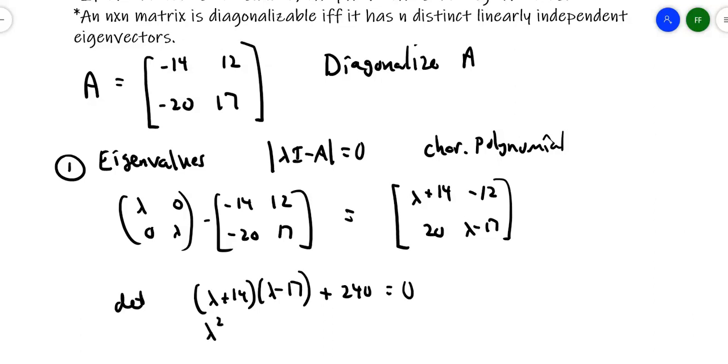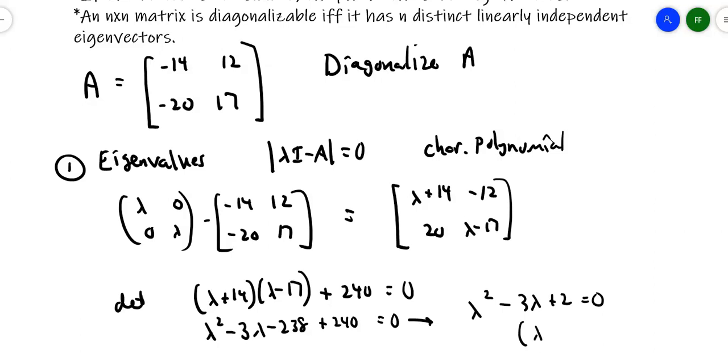So I work this out. I get lambda squared minus 3 lambda. If I multiply 14 times 17, I get negative 238 plus 240. This will be okay. I'm going to try to carry this across here. Lambda squared minus 3 lambda plus 2 equals 0. So I factor this.